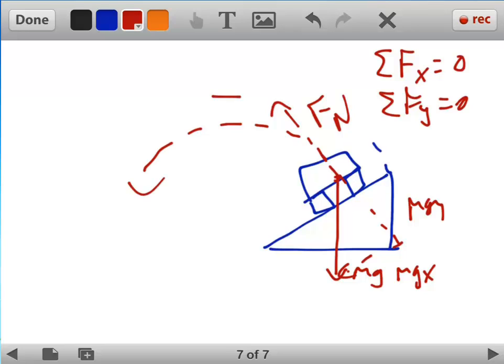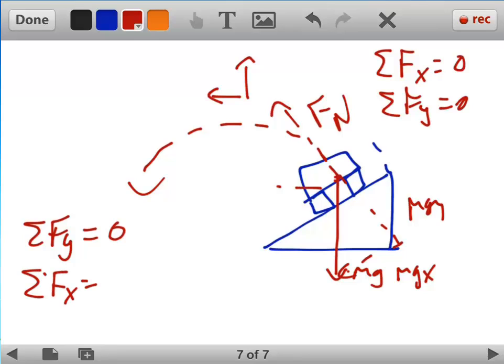In that case, it's easier to keep our x and y like this, because the net force in y might equal 0, since the car's not going to move up or down the incline, but the net force in x is causing this car to move in this circle, so it's the centripetal force. Your normal force gets bigger because it needs to supply some of this inward force.